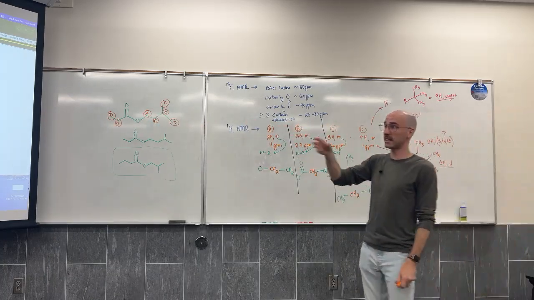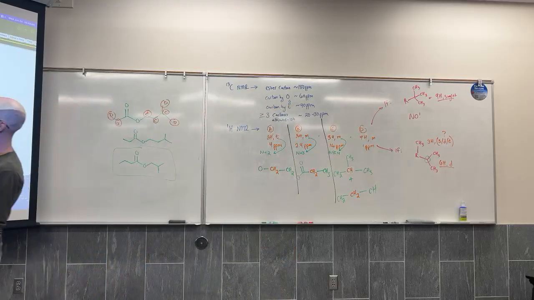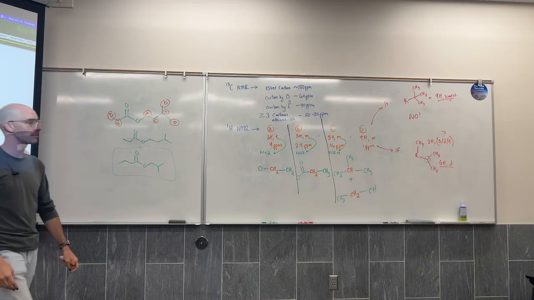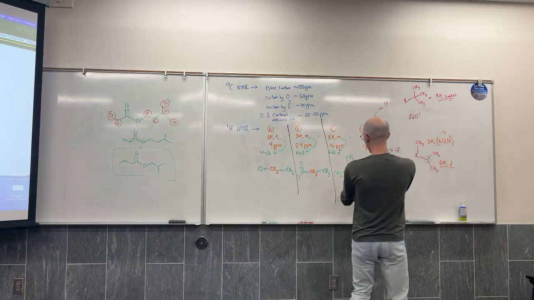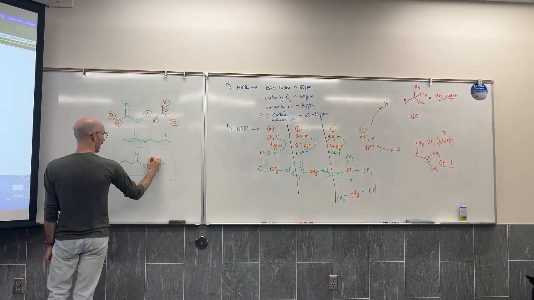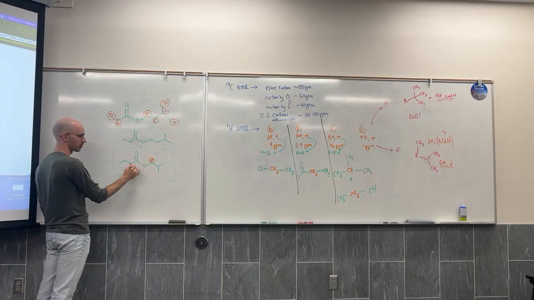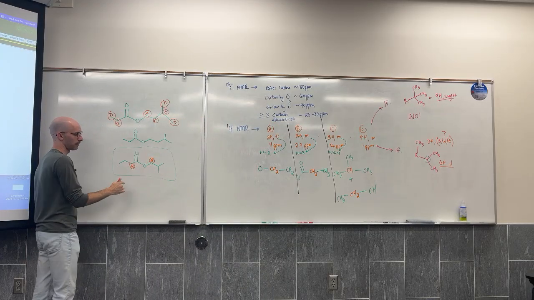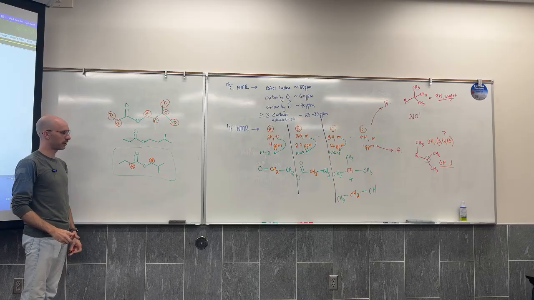Because I said it did look like a triplet inside of that 1H, 2H. But to be a triplet, the 2H would need to have only 2 neighbors. And here, we can't have a structure unless it has 3. So here's signal A furthest to the left next to the oxygen. Here's signal B, second furthest to the left.